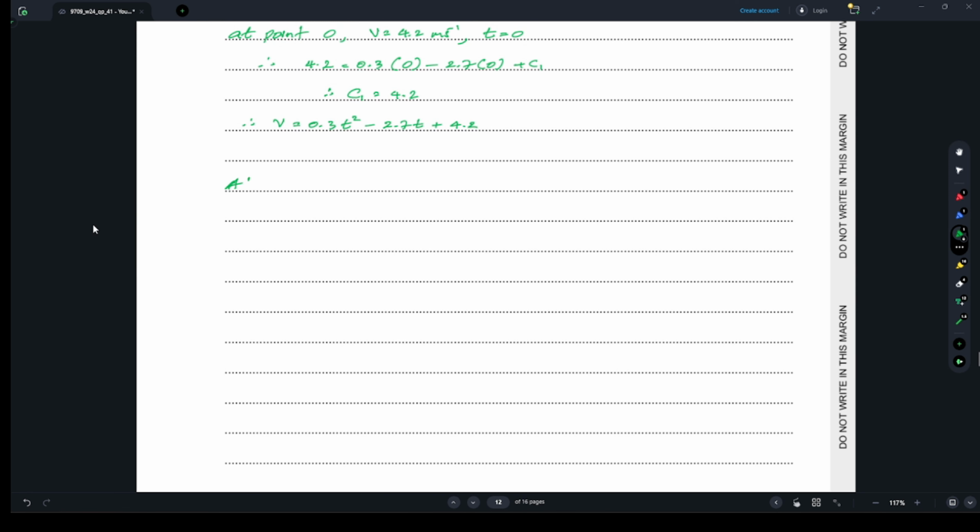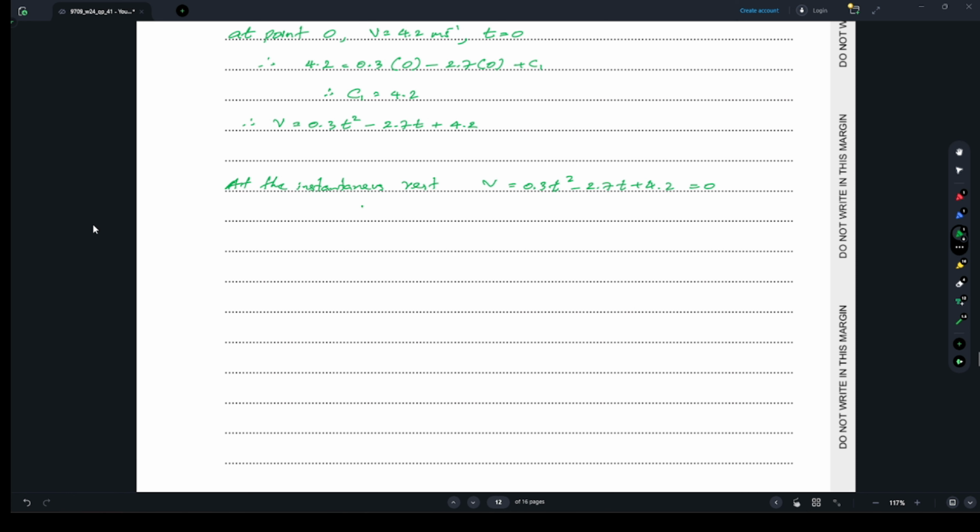So at the instantaneous rest, v equals 0, which is 0.3 t square minus 2.7 t plus 4.2 equals 0.